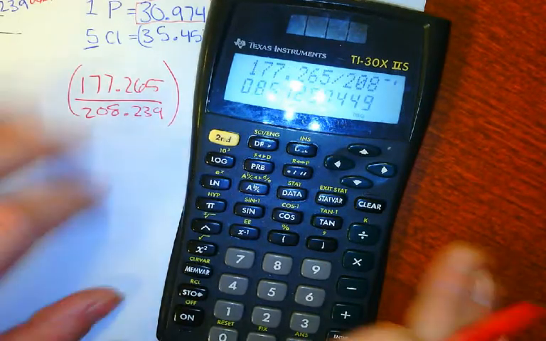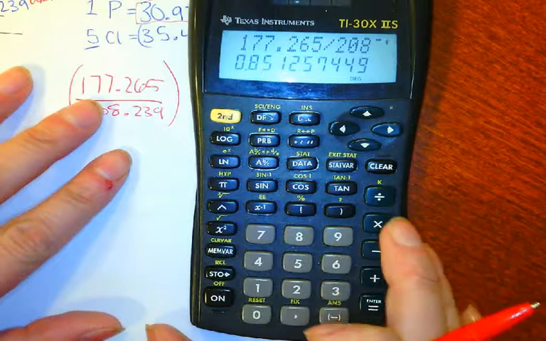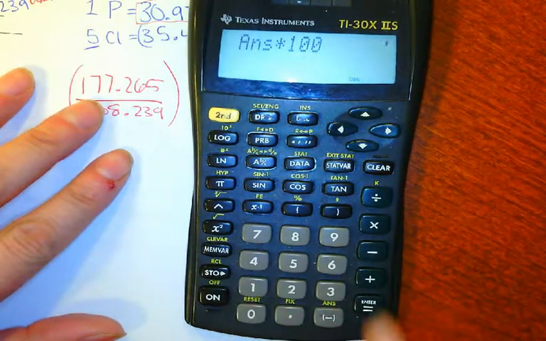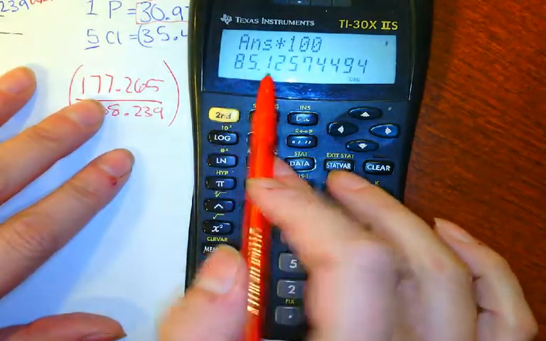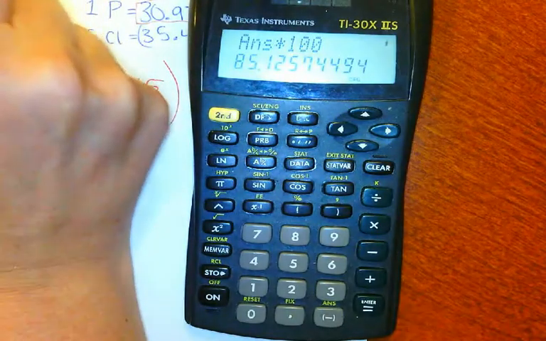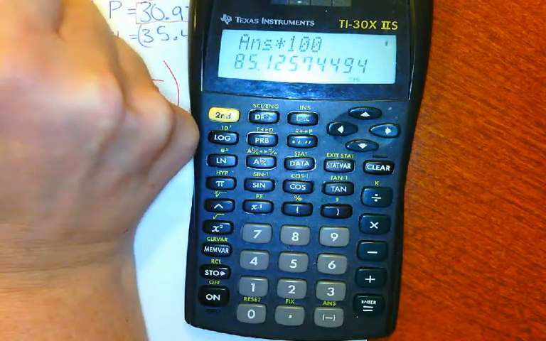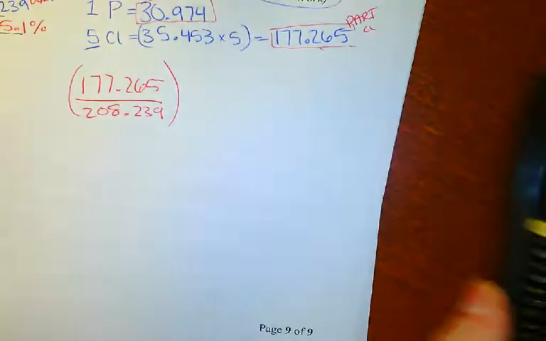That gives me a decimal. I want this to be a percentage though, so times 100% equals 85.1%.